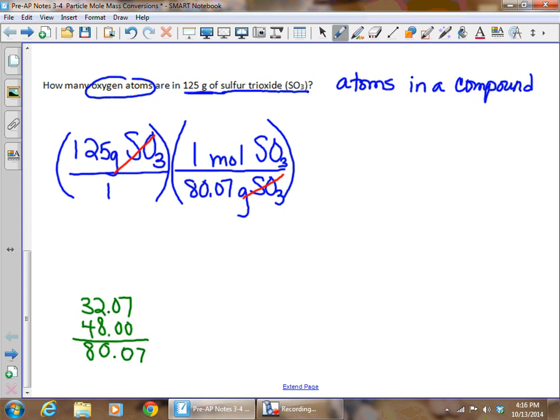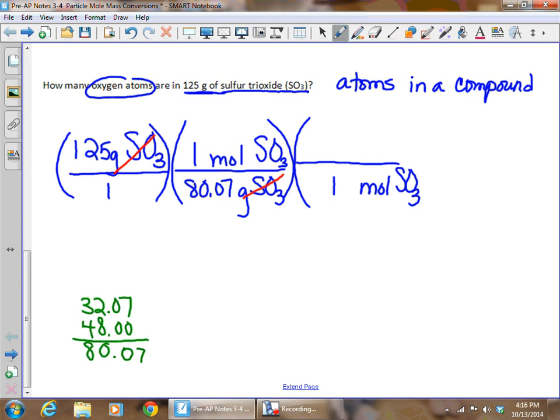But that's not what we're asked for. We're asked for oxygen atoms. Right now we've got moles of SO3. We can't go straight to atoms in a molecule of SO3. We're still at moles of SO3. So before we can do anything else, we've got to have a conversion factor that has moles of SO3. So 1 mole of SO3, 1 always goes with mole in our conversion factors.